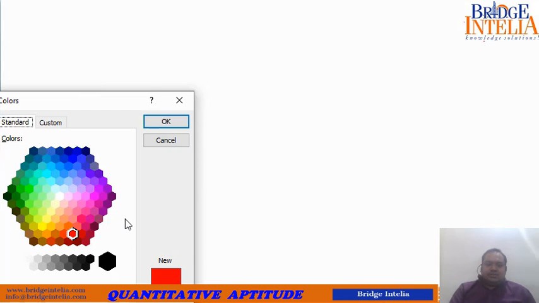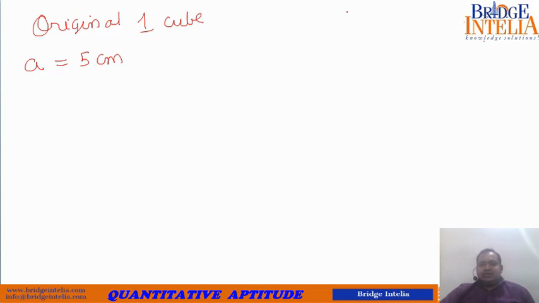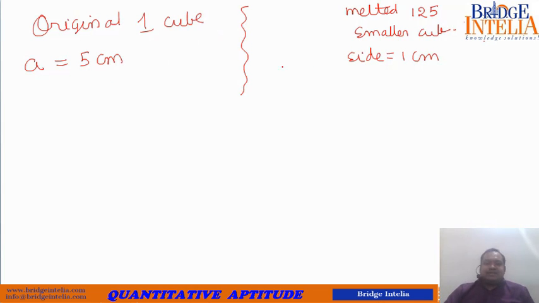Originally there was one cube whose side was equal to 5 centimeter. Then we melted it into 125 smaller cubes, each having side 1 centimeter. Now we have to compare the surface area in both these situations.